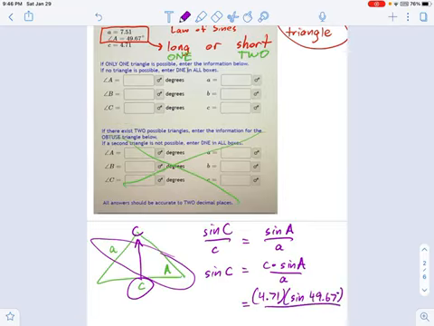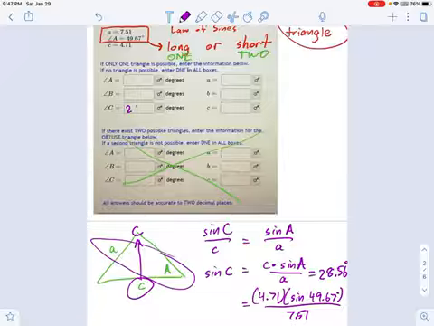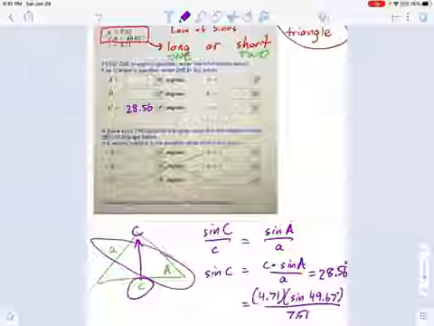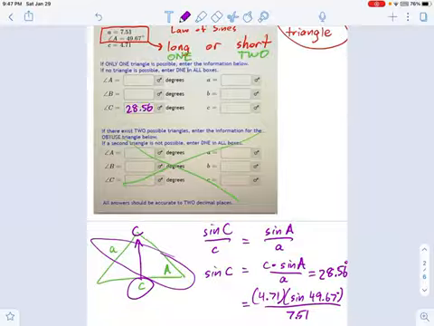That was given to me at the beginning of the problem, and I know that little a, the side, is 7.51. That is just a little bit of calculator stuff for you to do. If you punch that in, you'll find that angle C is equal to 28.56 degrees. So we go and put that right up here, 28.56. That's one of our first solutions here.